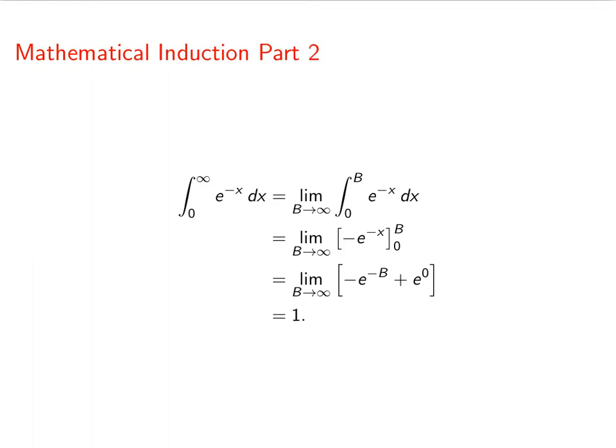And then we'll end up with a 1 because as b goes to infinity, this piece here goes off to 0. And then we'll just be left with e to the 0, and that's 1. Therefore, P of 0 is true, and that's our basis step.